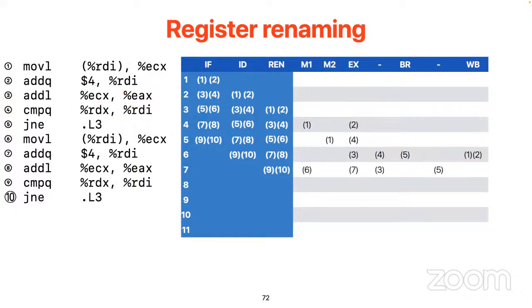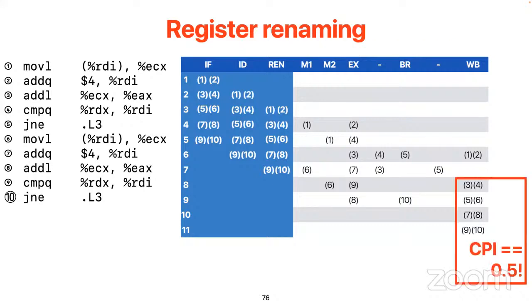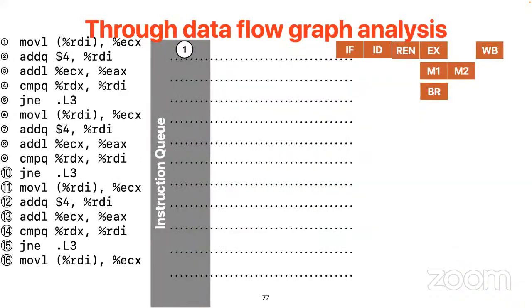So if you keep drawing this, at some point you will figure out that once you fill the pipeline, every cycle we are actually generating outcomes for 2 instructions. So for this piece of code, if I have register renaming, I can actually make the CPI equal to 0.5, which is the best you can do with a dual issue pipeline.